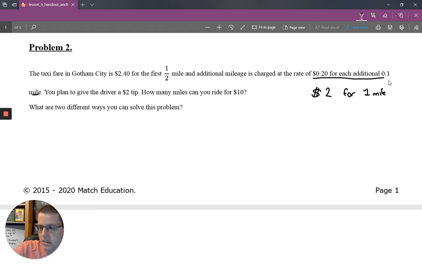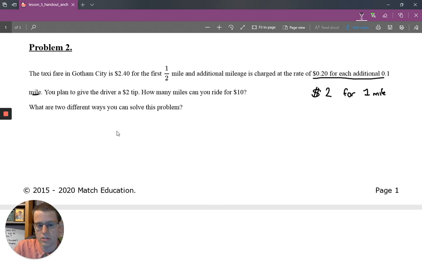Again, if I multiply the 1/10 by 10, I get 1 mile. 20 cents times 10 is $2, so I'm at $2 per mile. Okay, $2.40 for the first half mile, $2 tip, $10. Okay, now we're kind of getting close to being able to solve one of these equations.